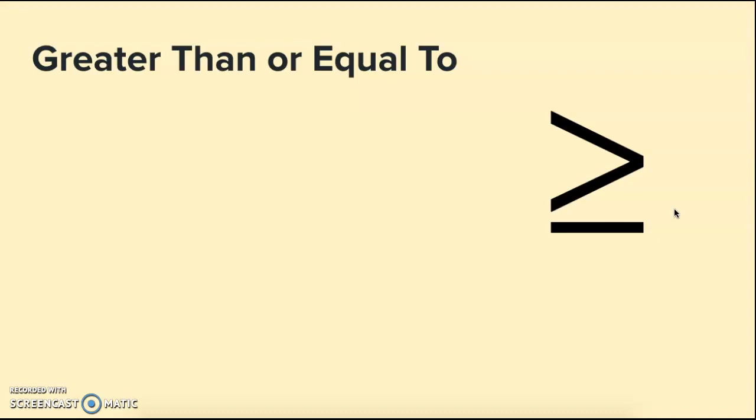Other words for greater than or equal to would be at least or no less than. That might be tricky because least and less make us think we should be using less than, but at least is saying that's the lowest amount, the minimum, so everything else has to be greater than it. That's why those two phrases mean greater than or equal to.